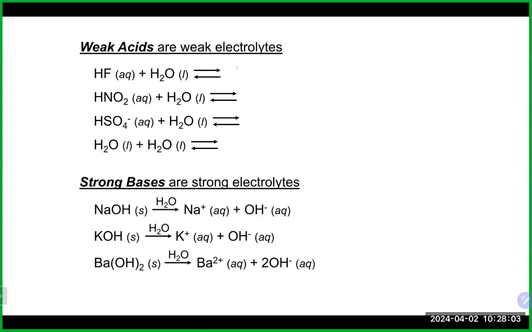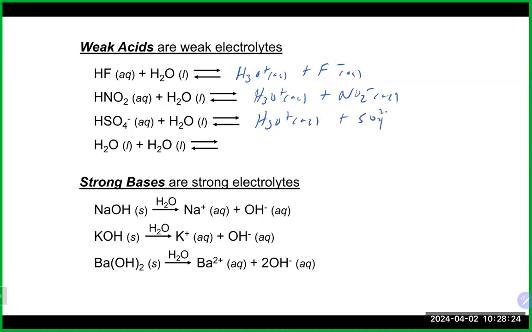So here we will get a little bit of H3O+ and F-, a little H3O+ and NO2-, a little H3O+ and some sulfate, and a little bit of H3O+ and some hydroxide in this case.